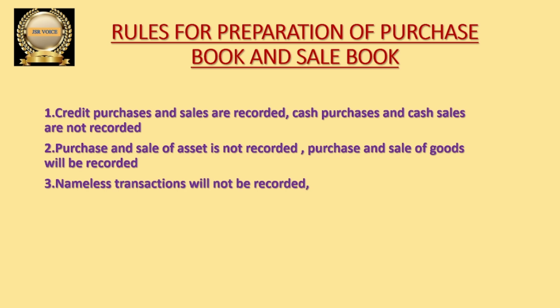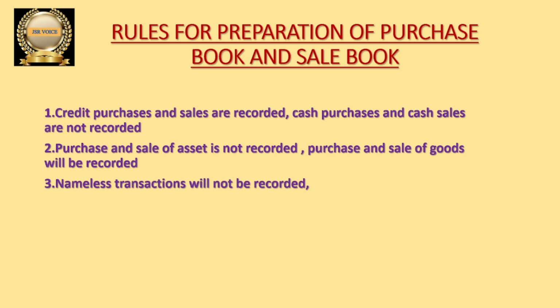Third point is nameless transactions will not be recorded. In any transaction, if the name of the party is not mentioned, then it is not a credit purchase or credit sales. In case of credit purchase or credit sales, the name of the person will compulsorily be mentioned in the transaction. If the name is not available, it is not a credit purchase or credit sales.